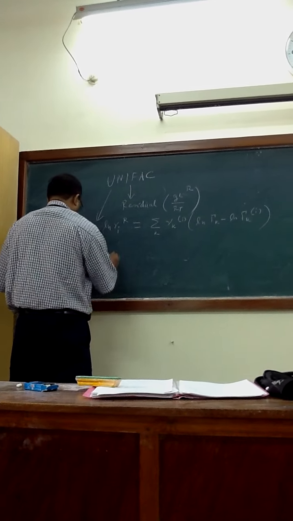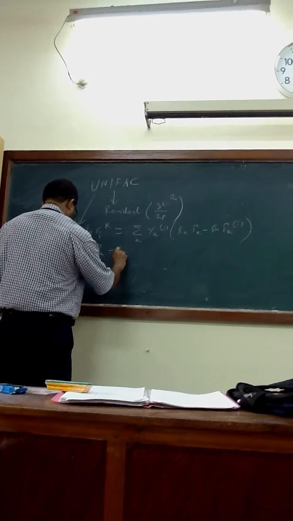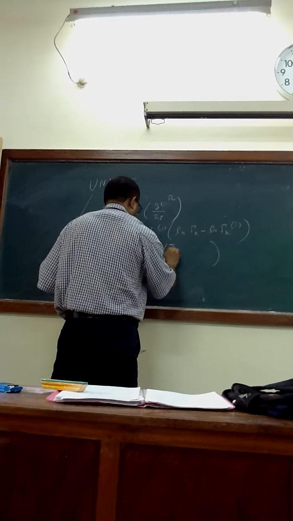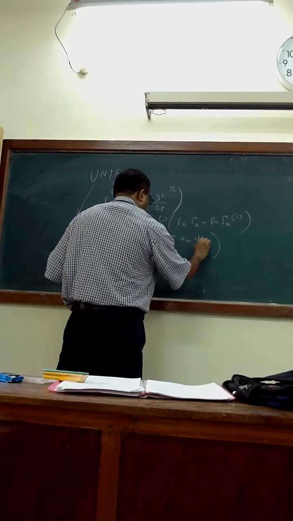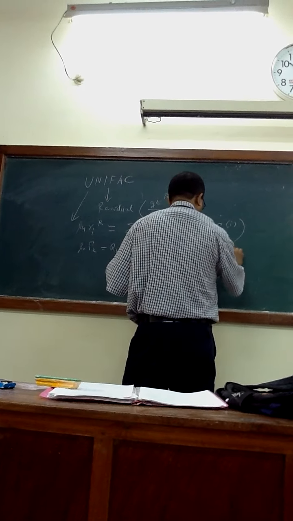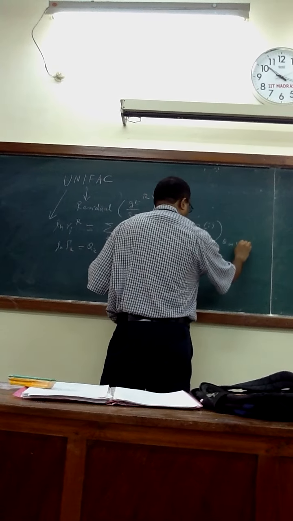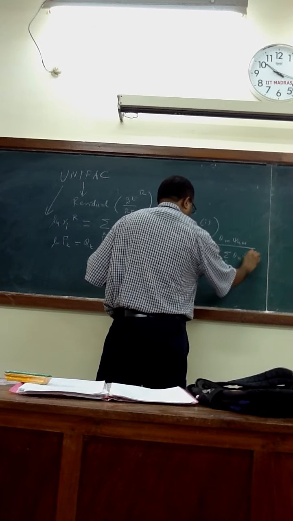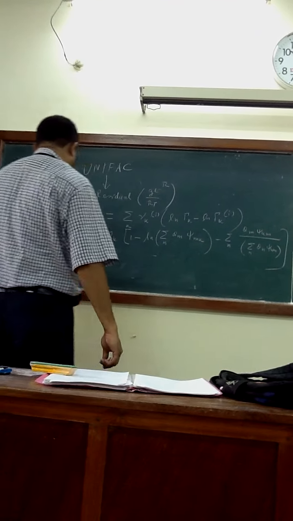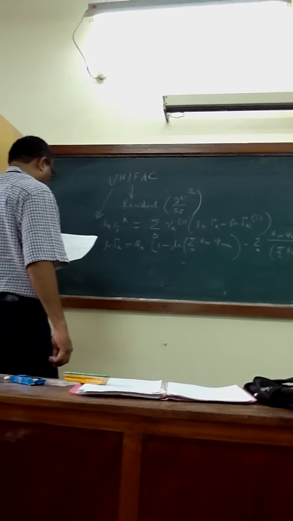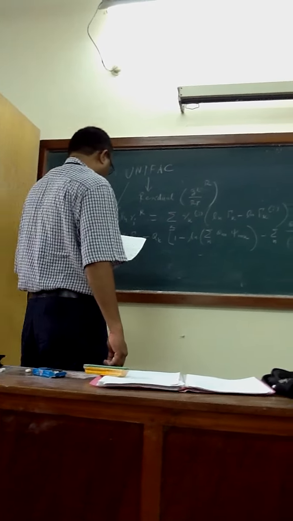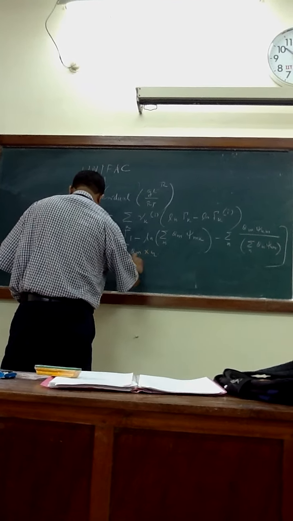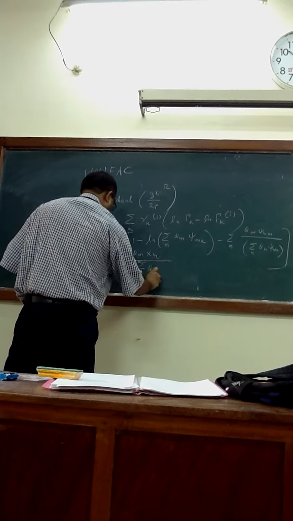And what is ln Gamma_k? ln Gamma_k is given as Q_k into [1 minus ln(summation over m of theta_m psi_mk) minus summation over m of (theta_m psi_km divided by summation over n of theta_n psi_nm)]. Theta_m is defined as theta_m = Q_m X_m divided by summation of Q_n X_n.